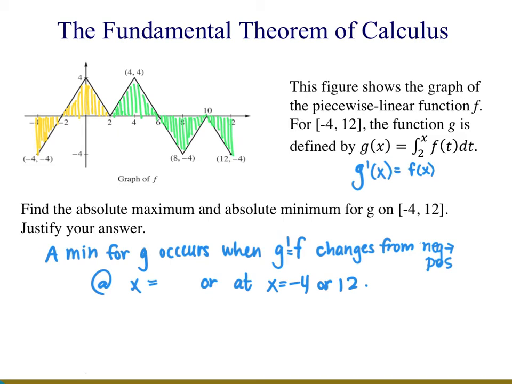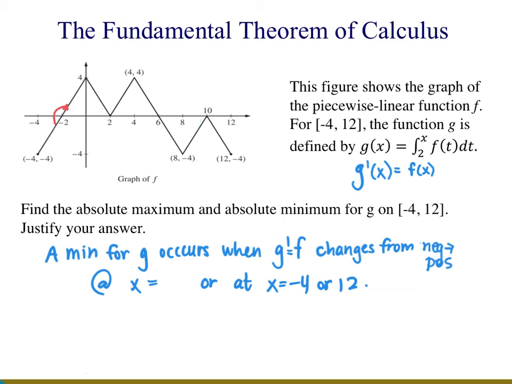All right, well, where does that happen? Okay, where on my graph am I changing from negative values to positive values? Okay, well, I see that I'm changing from negative to positive here. And there's no other place where I'm changing from negative to positive.